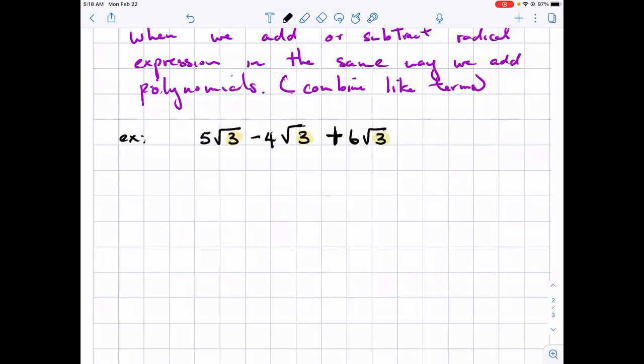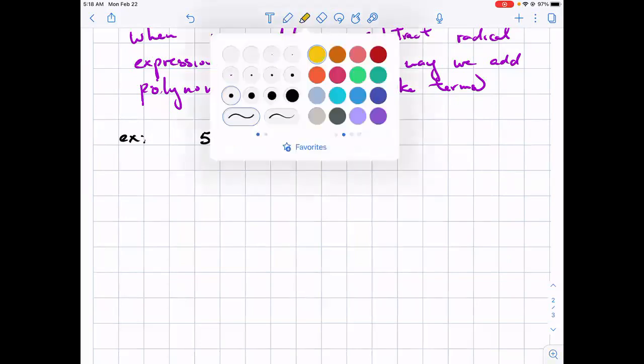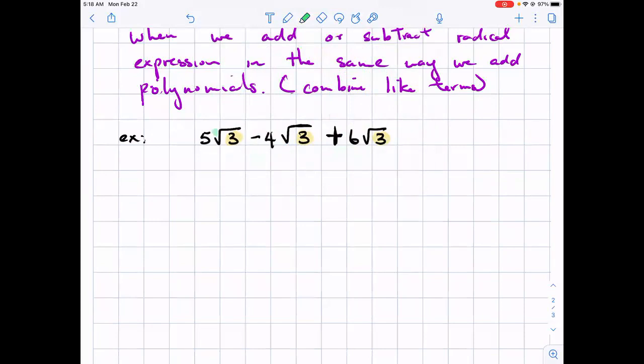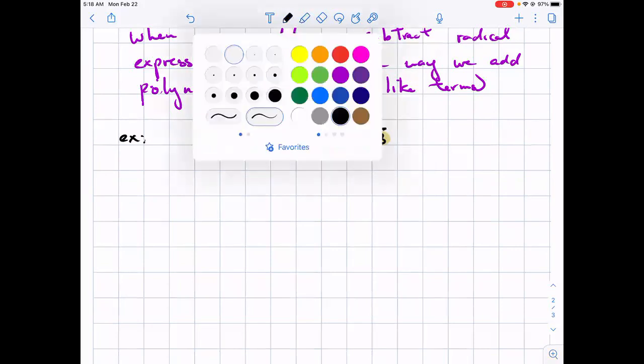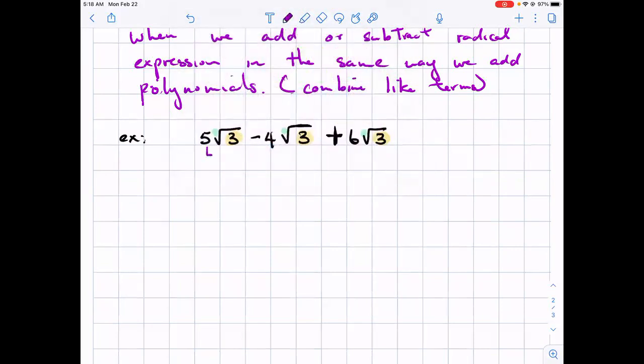My index is square root, so I can just combine them. The first thing I'll do is 5 minus 4, and that becomes 1 square root of 3.